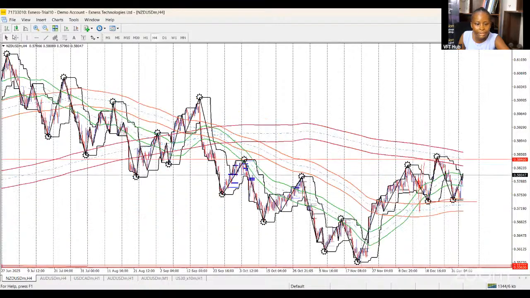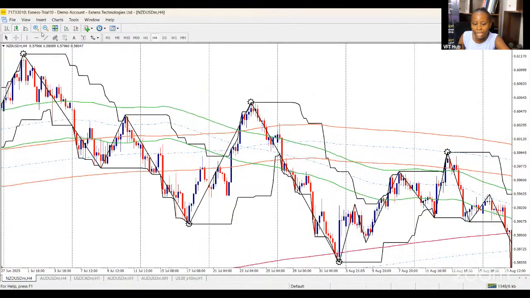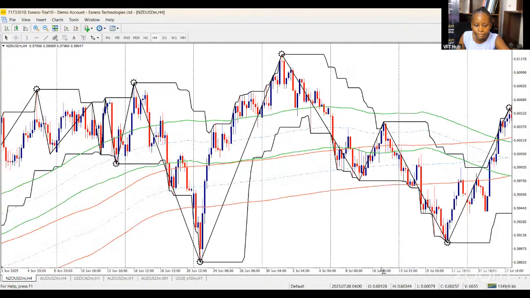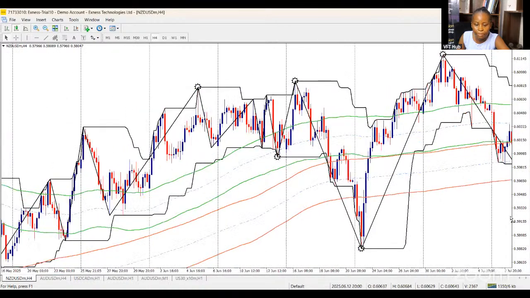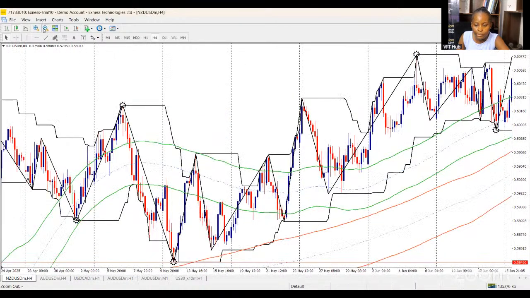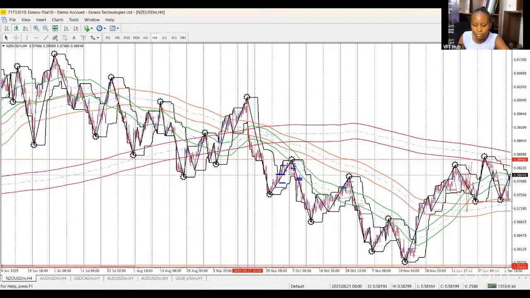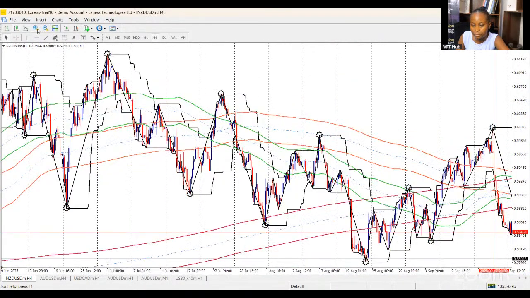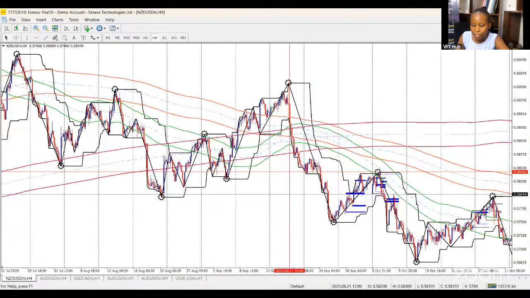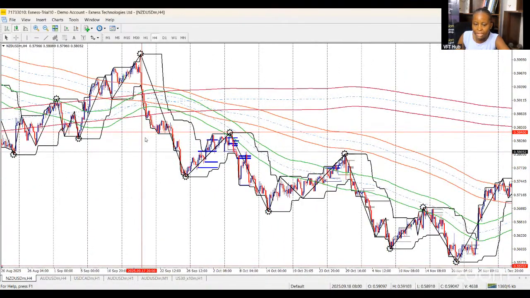Let me go back and see, so that I'm sure I'm looking at the right thing. This is where I drew that line, right? So yes, look at this tiny fair value gap somewhere around here.